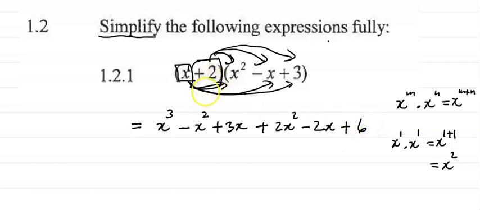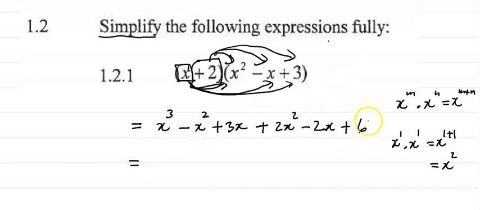Now, what do you notice? We've got 1, 2, 3, 4, 5, 6 terms now. Remember, you've got 2 terms, a binomial, times 3 terms, a trinomial, and you must end up with 6 terms. Once again, remember, terms are separated by plus or minus signs and joined together by multiplication and division.